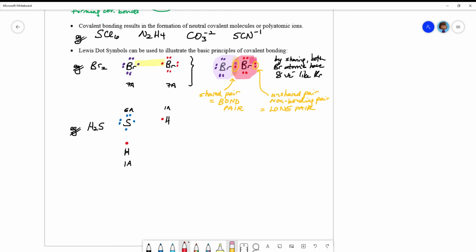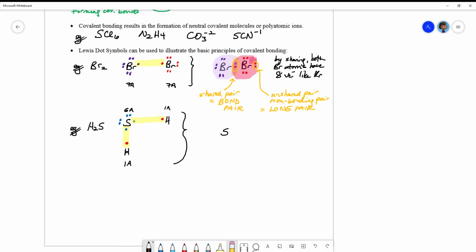So how are they going to manage this? Well, the best way for them to get what they want is to share their unpaired electrons. So these 2 electrons can be shared, and these 2 electrons can be shared. Now, if we share these electrons, we end up with a molecule of hydrogen sulfide. Let's draw that.